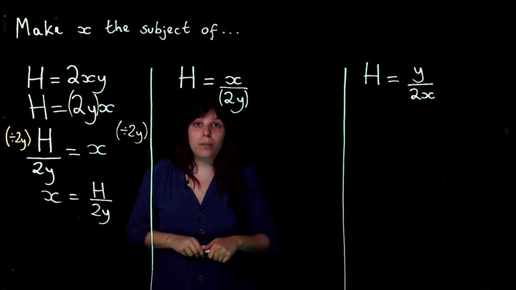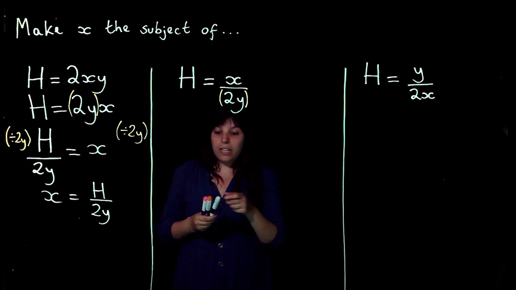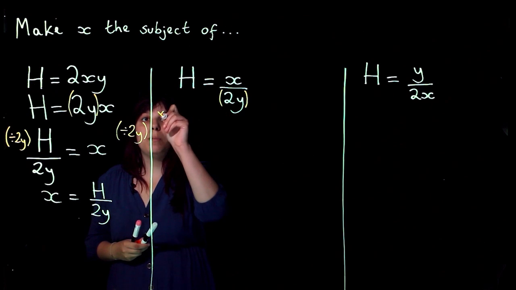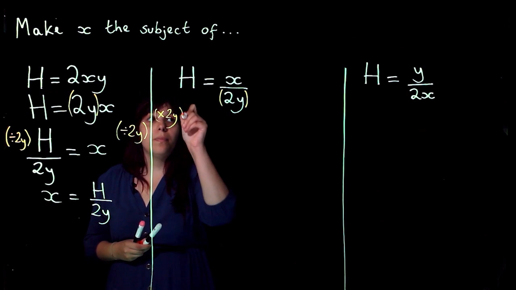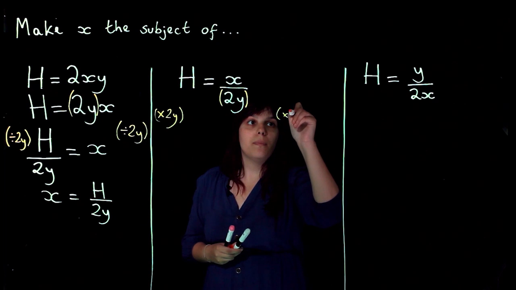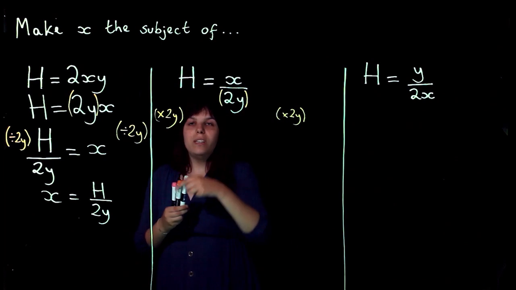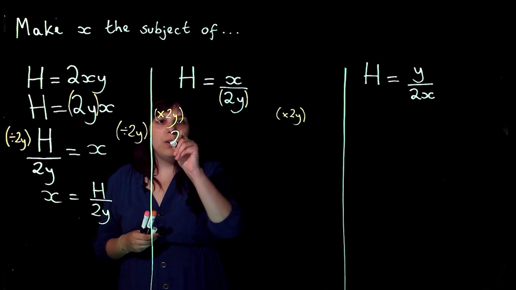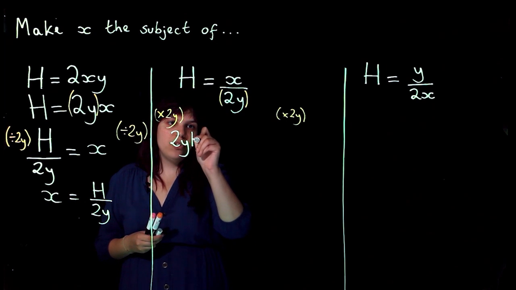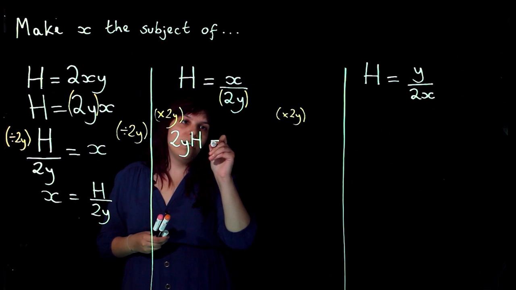Currently, I'm dividing by 2y. So to get rid of that, I'm going to multiply by 2y. So that means on this side, I'm going to have 2y times h, and on this side, I'm going to have x.